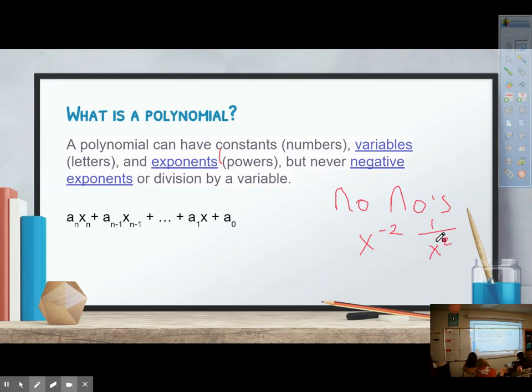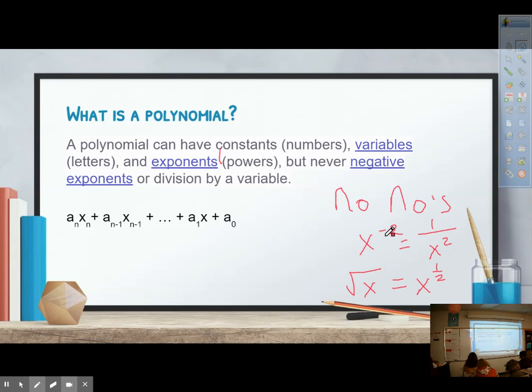You cannot do either of those things. Something else you can't do is the square root of x. That is not a polynomial, because you can rewrite the square root of x as x to the 1/2 power, and you cannot have fractions as exponents. So you can't have negative exponents, and you can't have fraction exponents.